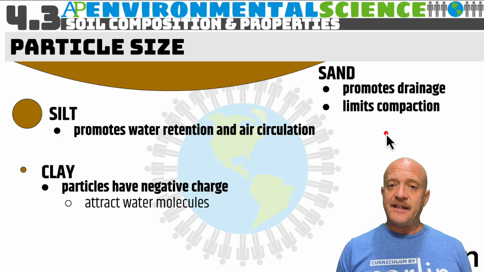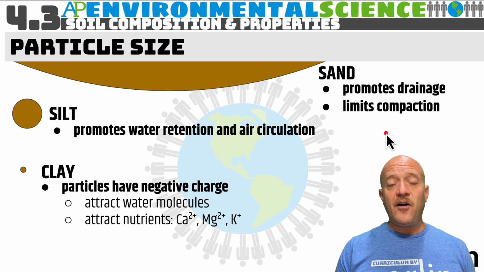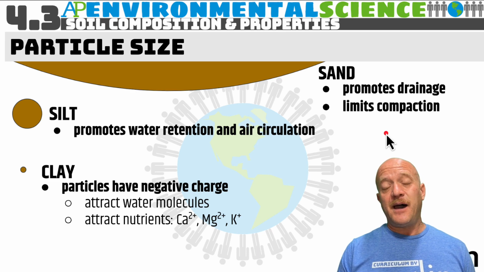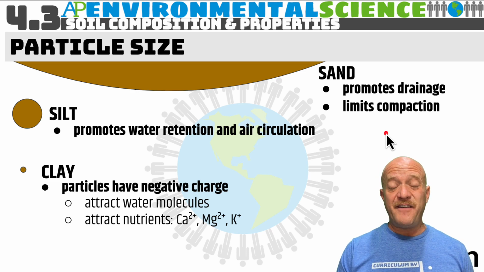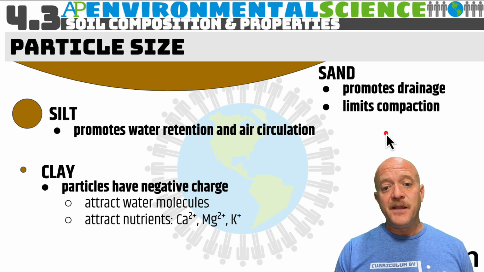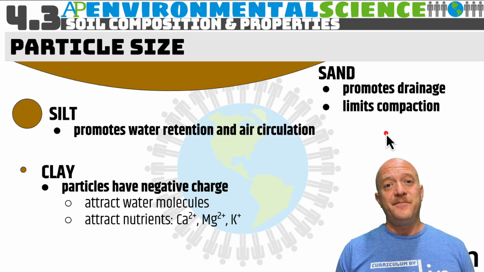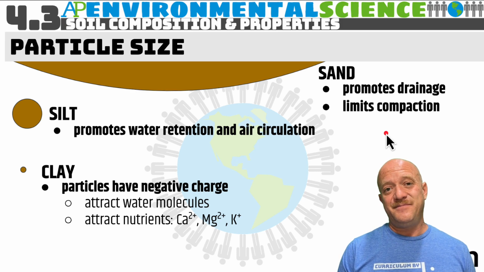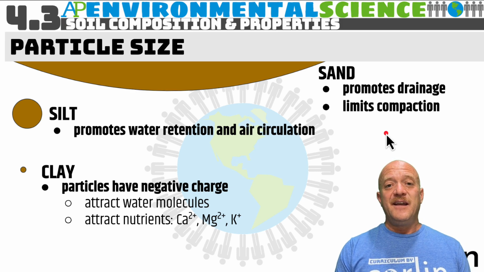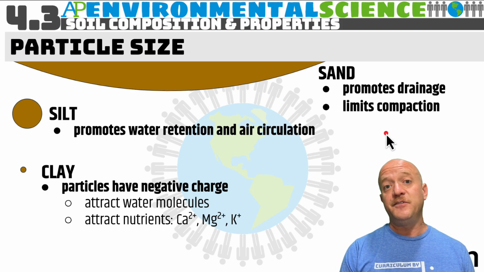So the areas of the clay that are negatively charged are going to be attracted to the positively charged hydrogen atoms. And along with that, it's going to attract some of these cations that are valuable nutrients: calcium, for example, magnesium, potassium. These are all positively charged atoms. We'll also attract some heavy metals that could be toxic to organisms, but we'll talk about that in future lessons.